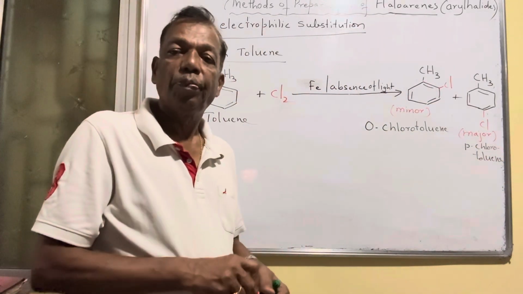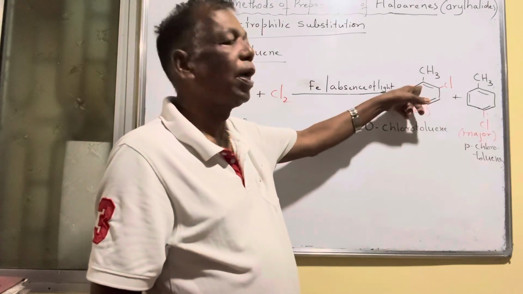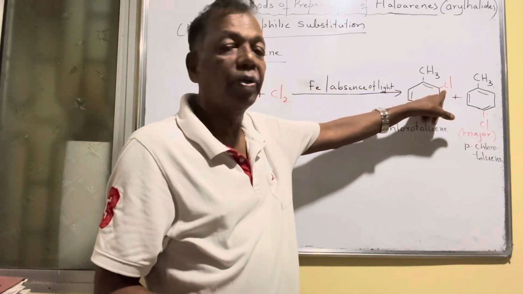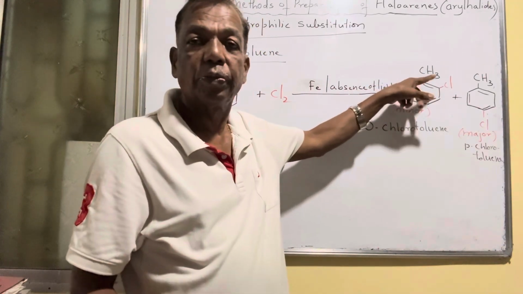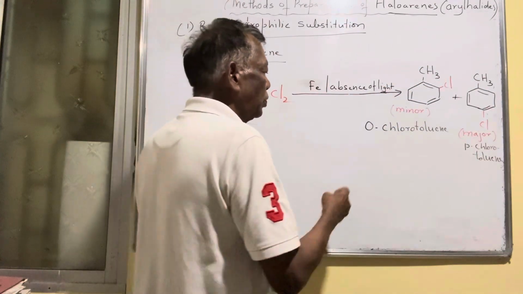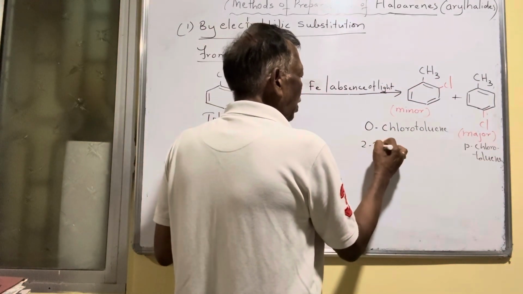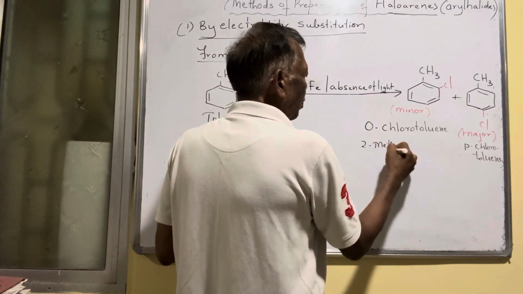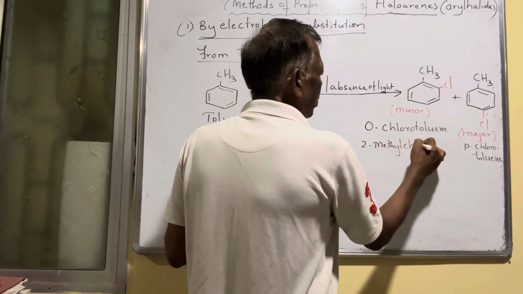What does the IUPAC name become here? If I number 1 here, this will be 2. So 2-methylchlorobenzene.